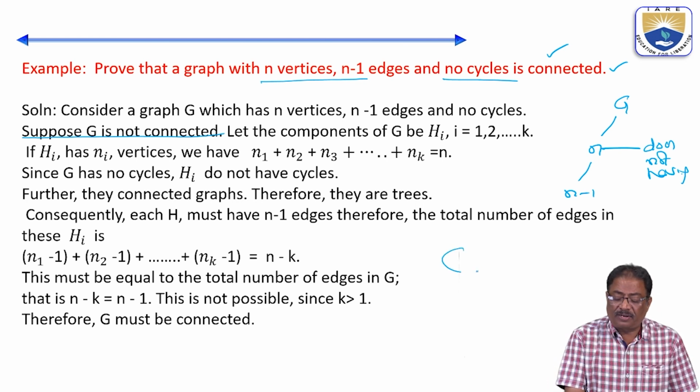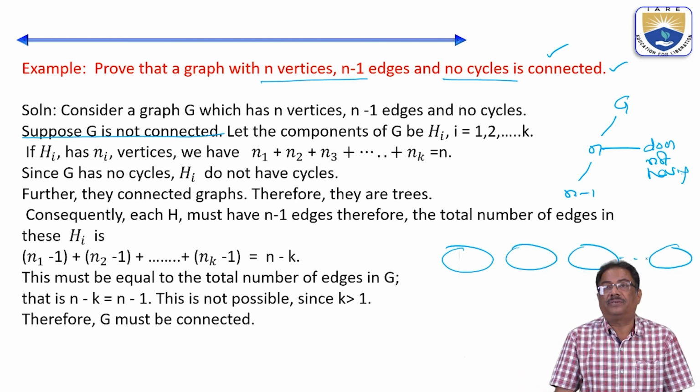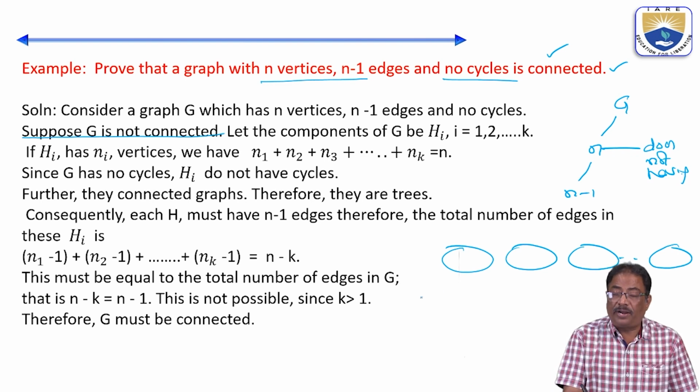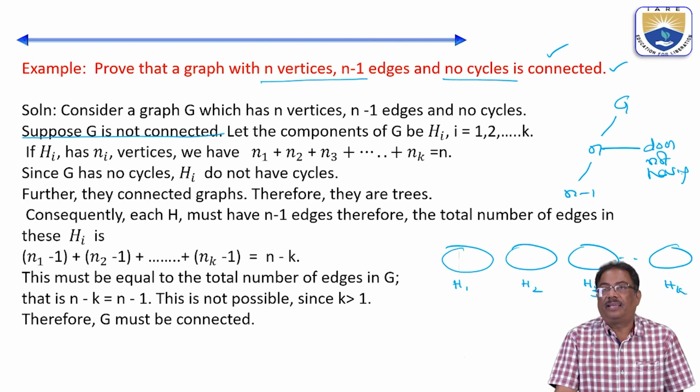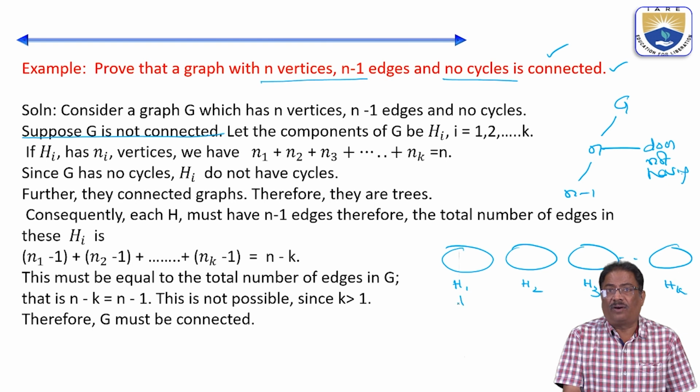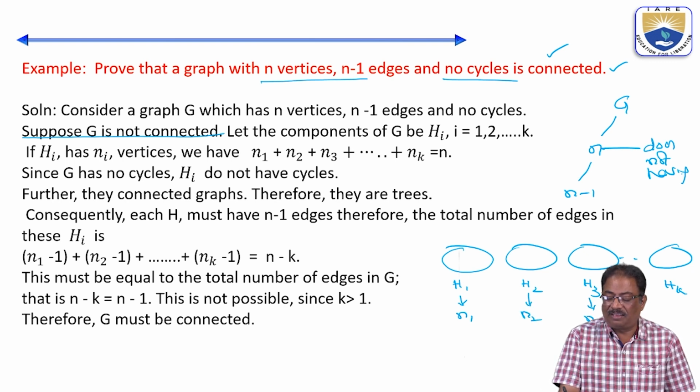Whenever the graph is not connected, it has components. Each component is a subgraph. Let us take the components as H1, H2, H3 and so on up to HK. H1 has some number of vertices, say N1 vertices, H2 has N2 vertices, H3 has N3 vertices, and so on, HK has NK vertices.